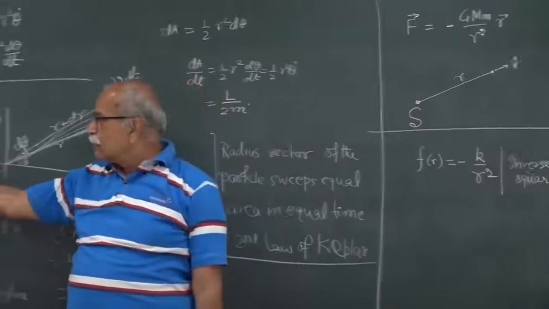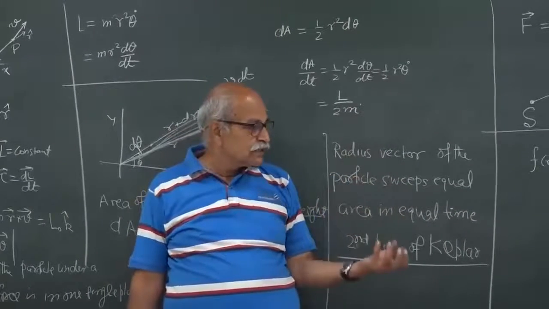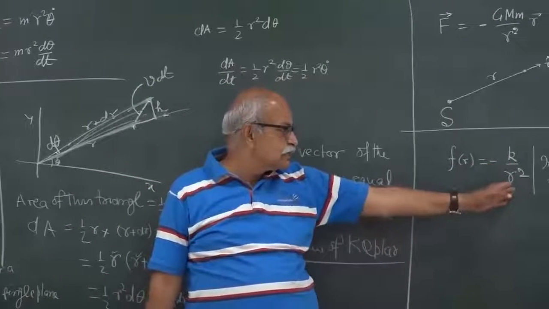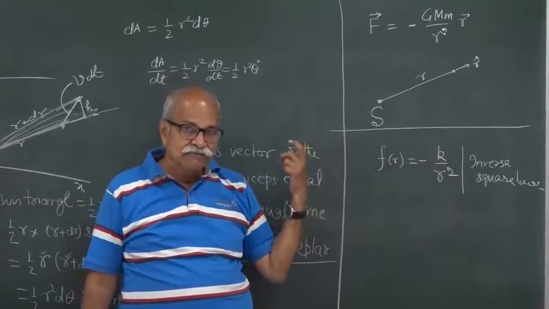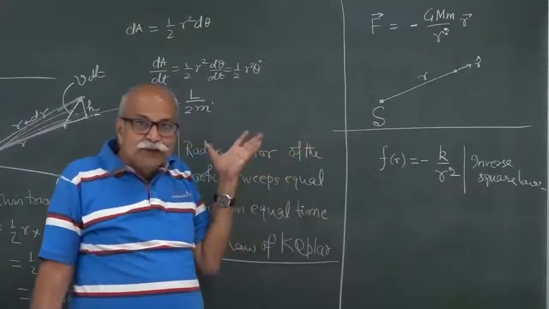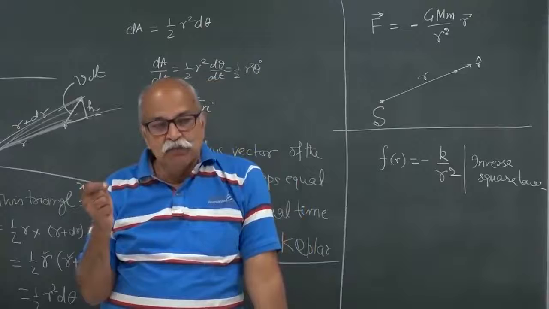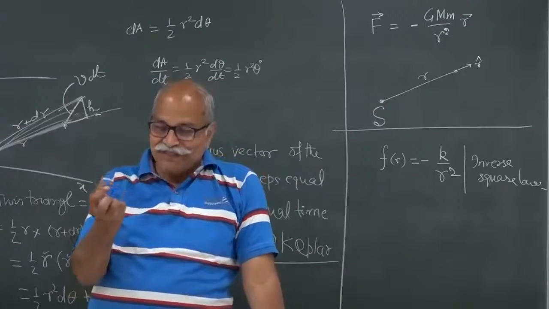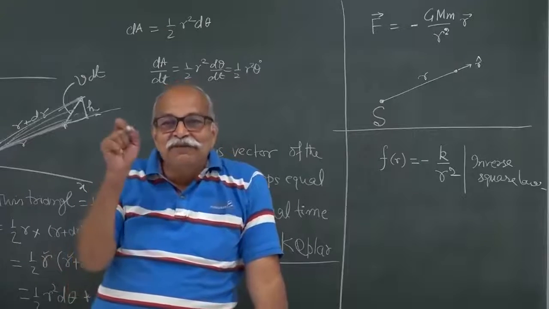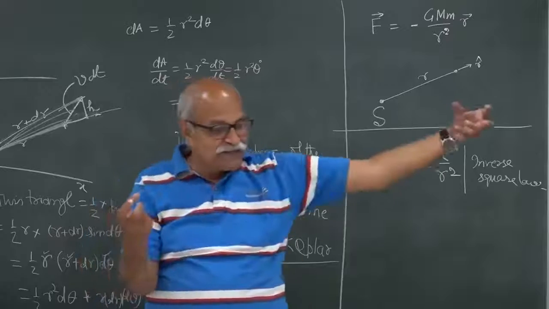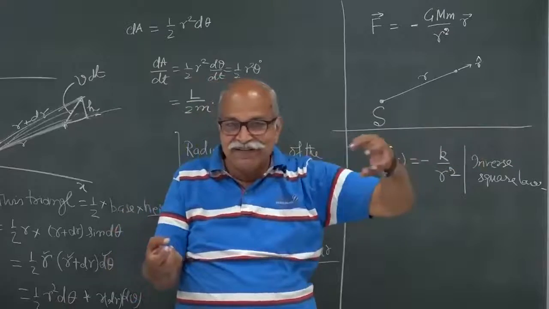So, if F of r is of this variety, you are considering a particle on which this central force is acting, and the magnitude of the central force is given by this 1 by r square type, and it is always directed towards that origin, then it is very close to our planetary system or the Bohr model hydrogen atom, where a proton is sitting at the center and an electron is going around it, and very close to Rutherford scattering, where you have a nucleus, an alpha particle is sent, and because of that force, of course repulsive, or if you send beta particles, then it is attractive.